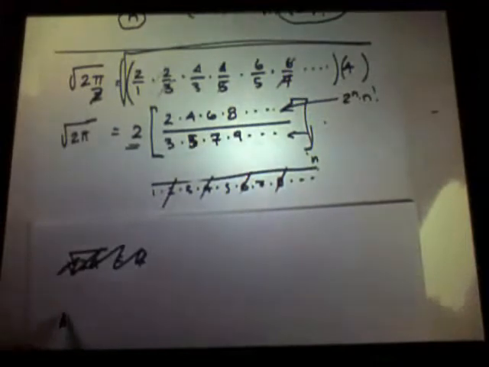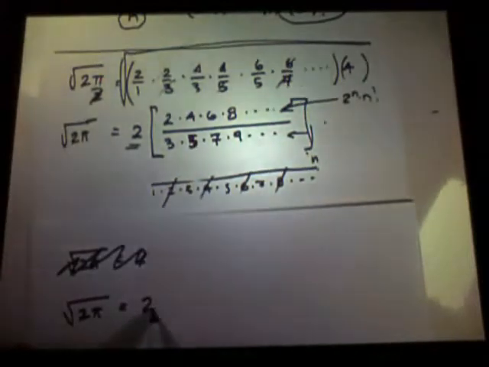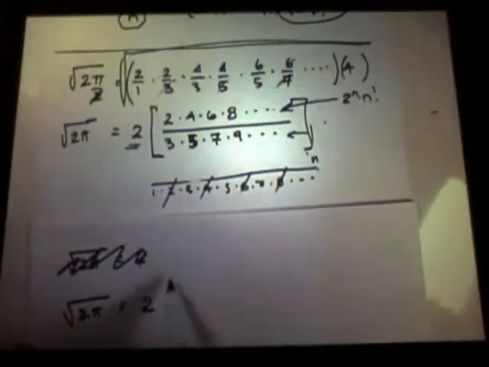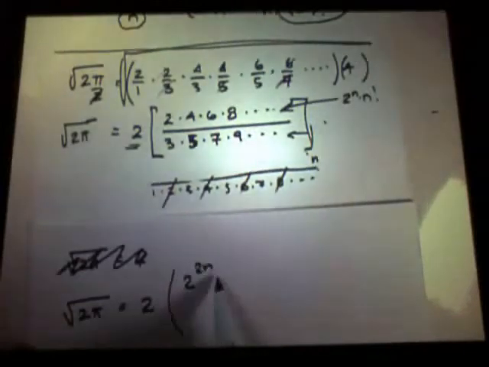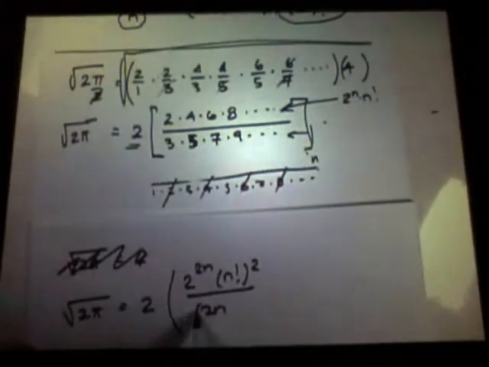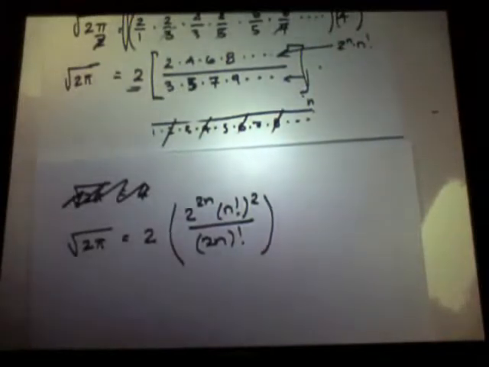So I am justified in saying the square root of 2 pi is equal to twice 2 to the 2n, n factorial squared over 2n quantity factorial. I think that's what I established.